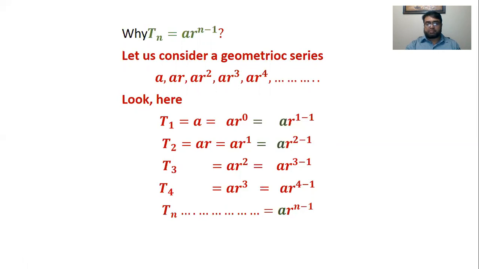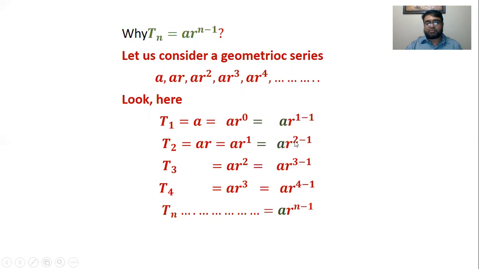So if you notice, what happens here? Look, T1 is ar to the power 1 minus 1, T2 is ar to the power 2 minus 1, T3 is ar to the power 3 minus 1, T4 is ar to the power 4 minus 1. Have you noticed one thing? Here a is always there, constant. r is also there, and the subtraction of 1 in the power of r is always there.